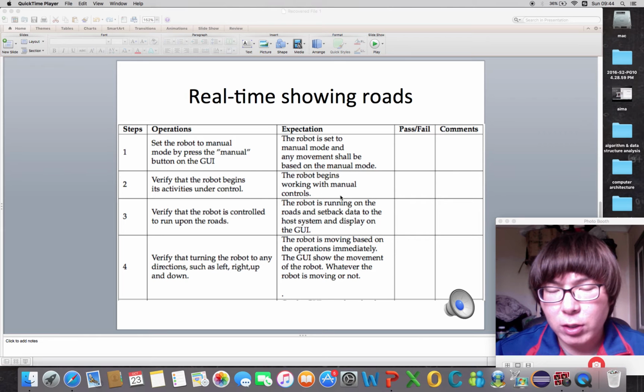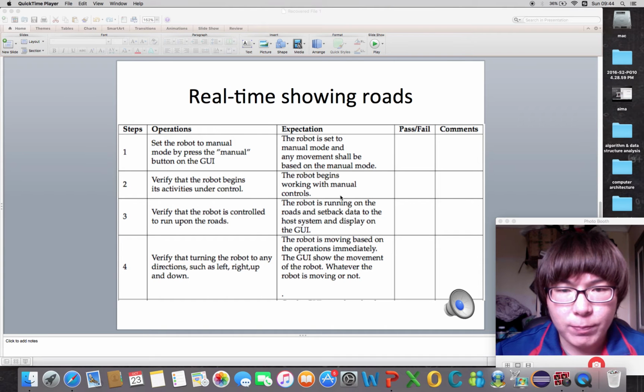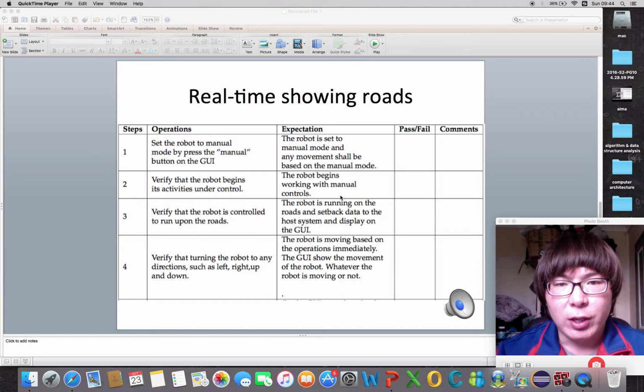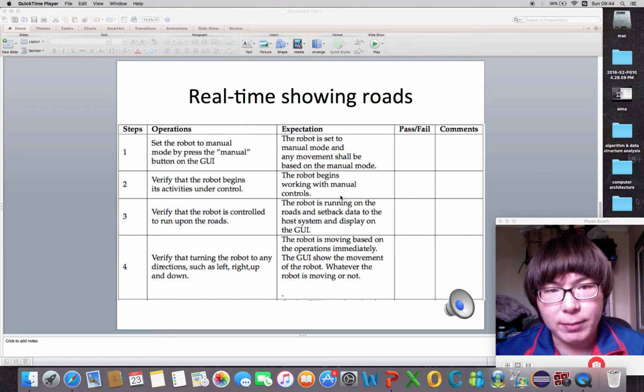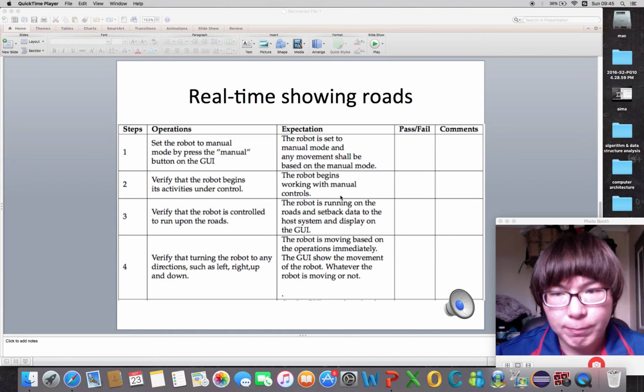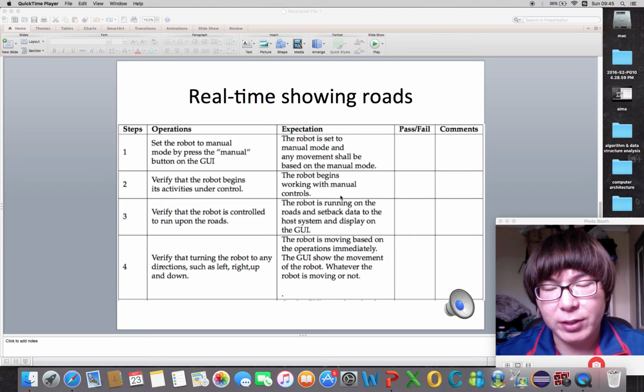So the corresponding expectation for this operation, we will think it is the robot is running on the roads and sending back data to the host system and displaying on the GUI. And if the expectation is achieved, we will write pass. If not, we will write fail, and give some comments separately. So this is about real-time showing roads on this graph.